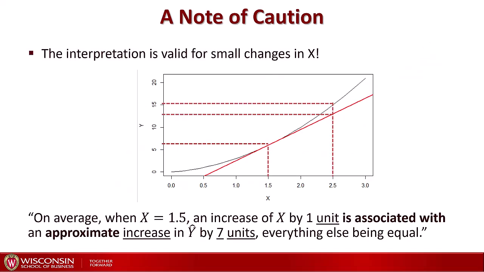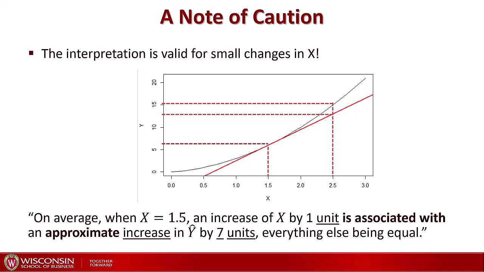You have to be careful here. This interpretation is valid for small changes in x, so small incremental changes. Indeed, we are taking the derivative, so we are using the red line on the graph. We are not using the actual model, which is a curved line. So for the derivative at x equals 1.5, the red line on the graph, we found that we have an approximate increase in y hat by 7 units when x increases by 1 unit.